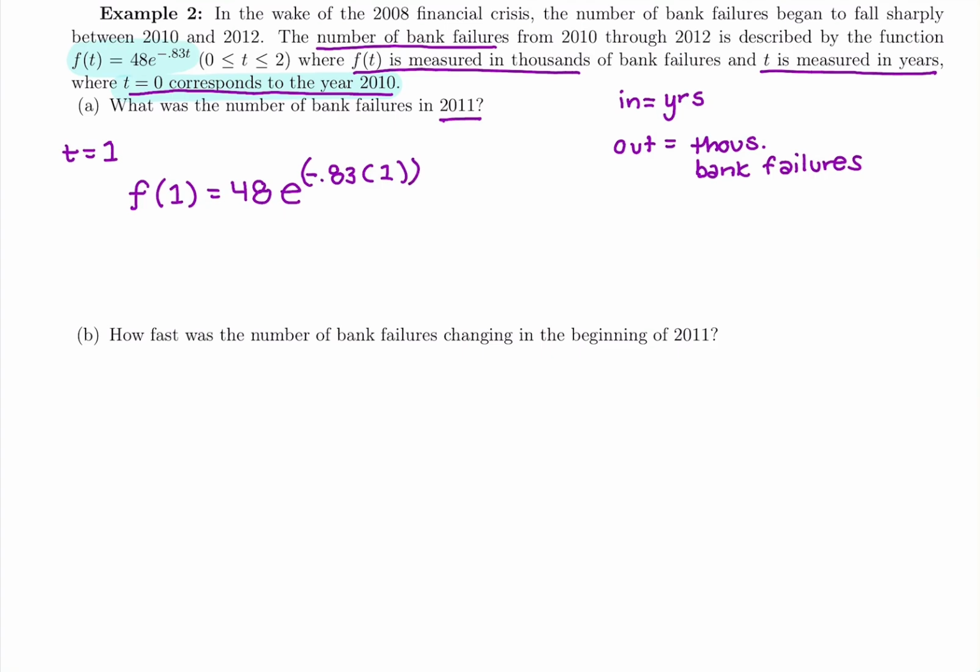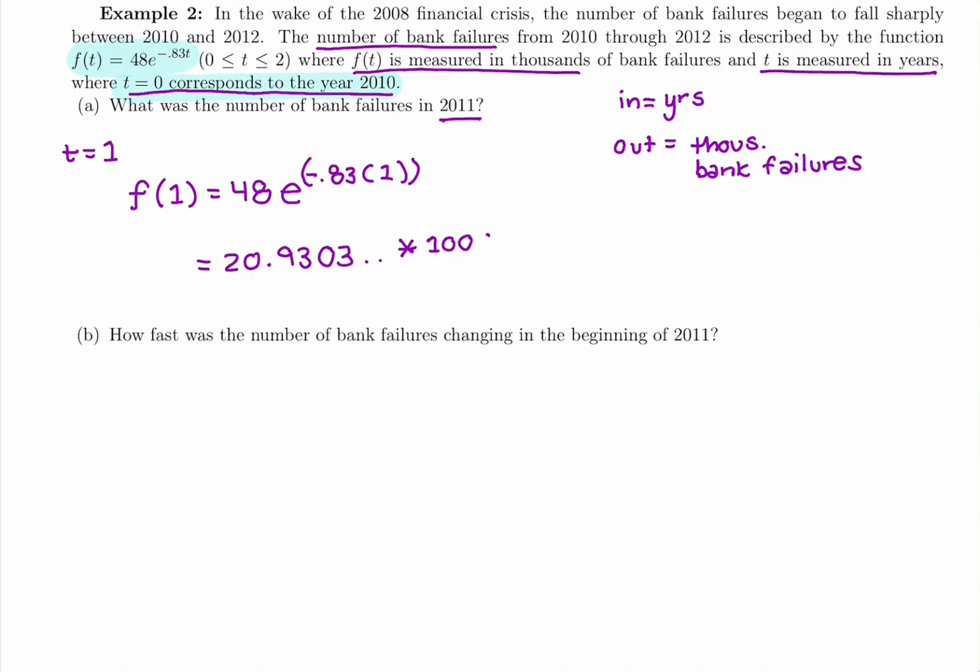So if we plug it in just like this, and keep in mind our output is in thousands of bank failures, so we get 20.930367. It just keeps going. But remember, it's not just 20 bank failures in 2011. Unfortunately, the economy still wasn't great.